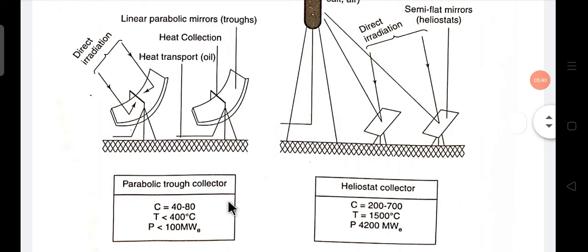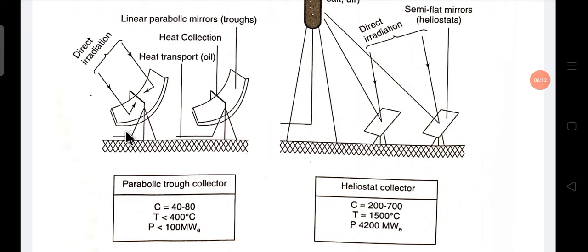Then the next system is the parabolic trough collector. In the parabolic trough collector there is a parabolic mirror and an absorber rod, and a heat collection fluid flows through it.